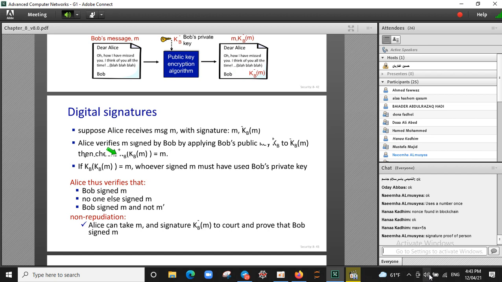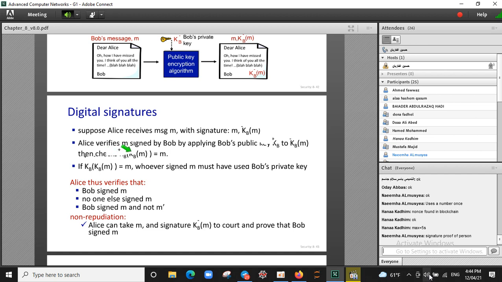So simply, we talked in the last lecture: if you encrypt a message with one of those keys, only you can decrypt that encrypted message with the other key.